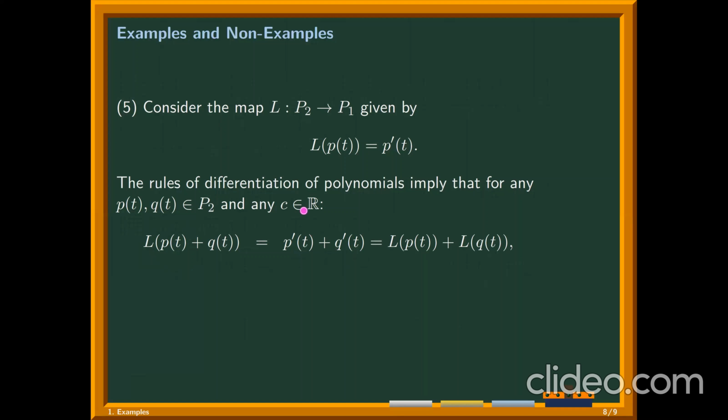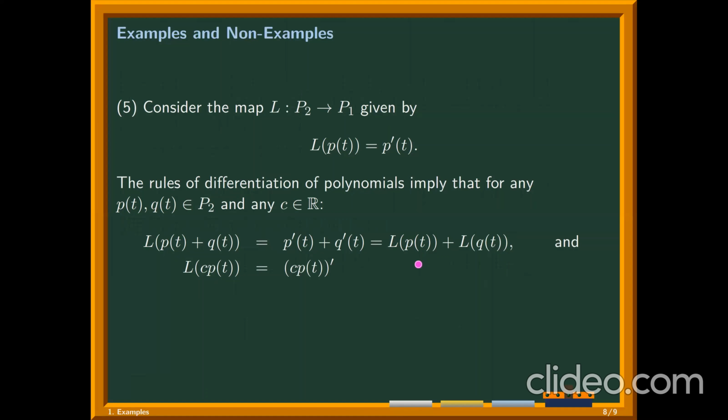And if C is a scalar, L of C times P of T is equal to the derivative of C times P of T. But because C is constant, because it's a scalar, we can take it out of the function being differentiated.